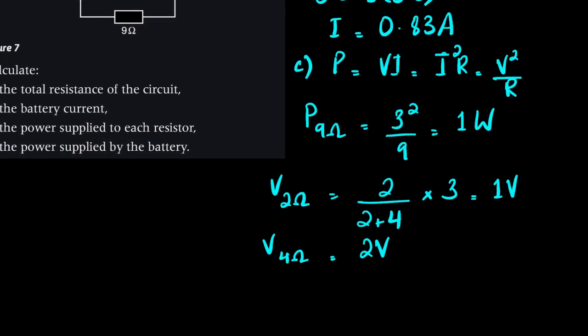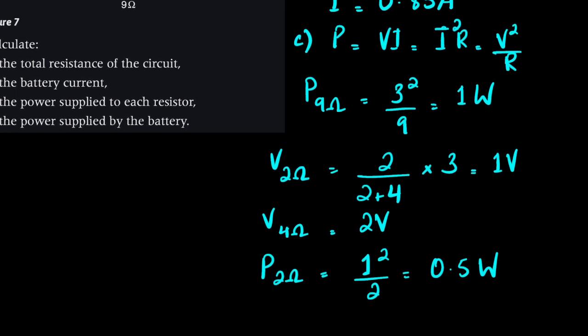And now I can use P equals V squared upon R for these as well. So for the 2 ohm resistor, the voltage is 1, so 1 squared upon 2, right? The voltage is 1, resistance is 2. So this turns out to be half a watt, so 0.5 watts.